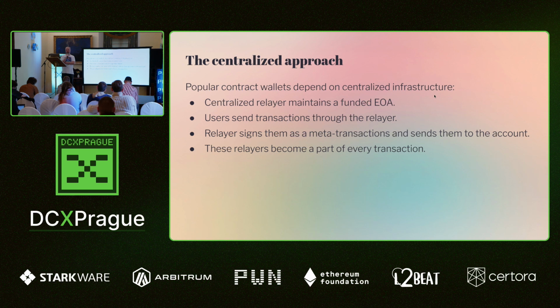The relay signs the transaction with an EOA that is funded, owned by the relay operator, and puts it on chain. Then this meta transaction gets peeled off by the smart contract wallet, which handles the transaction and then reimburses the relay. And now this approach works.